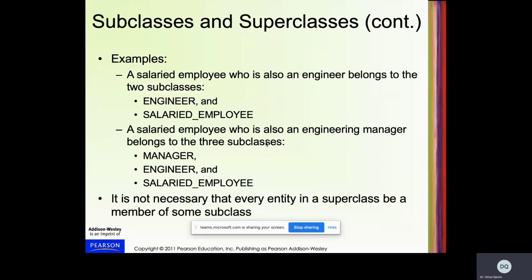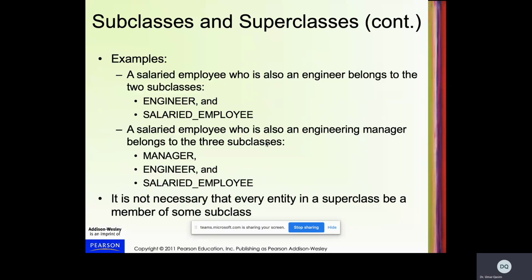Now looking at these examples, it may be possible that an employee is part of more than one subclass. So an employee who is also an engineer belongs to two subclasses: a salaried employee and an engineer class.